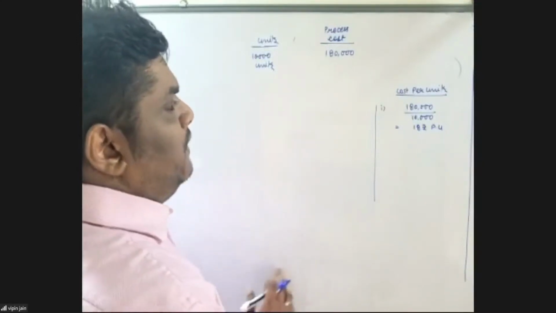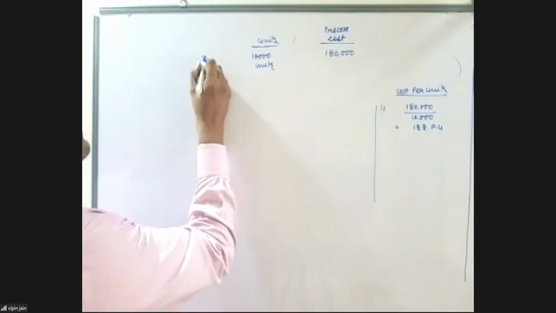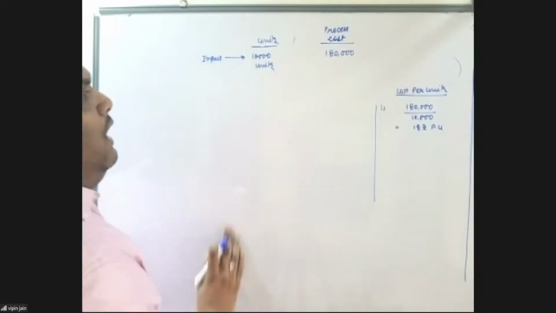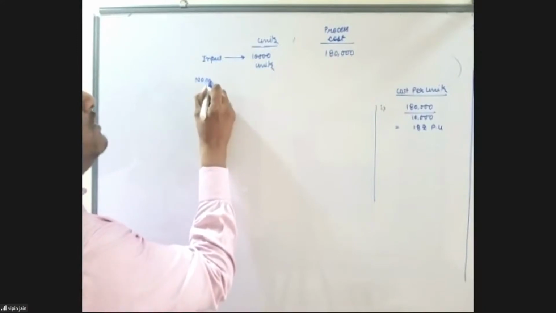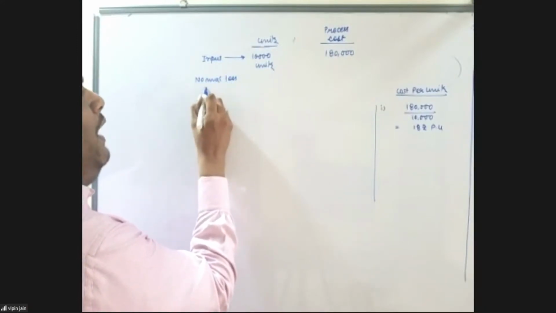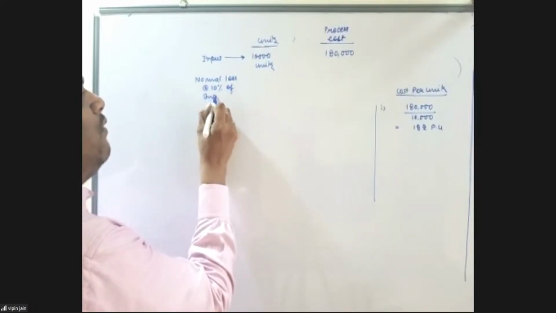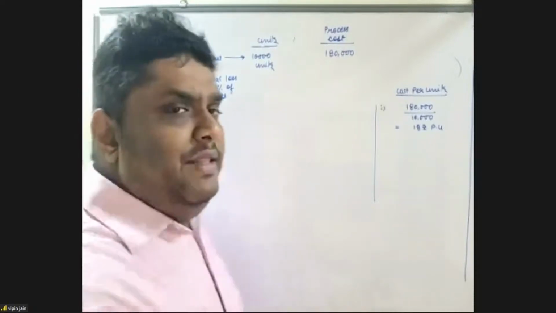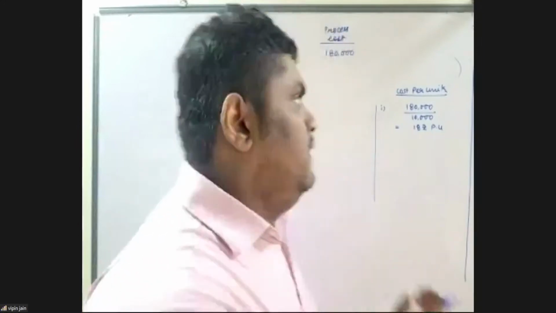Now, let's take a different situation wherein my input is 10,000 units. However, it is given in the question that there is a normal loss of 10% of inputs.